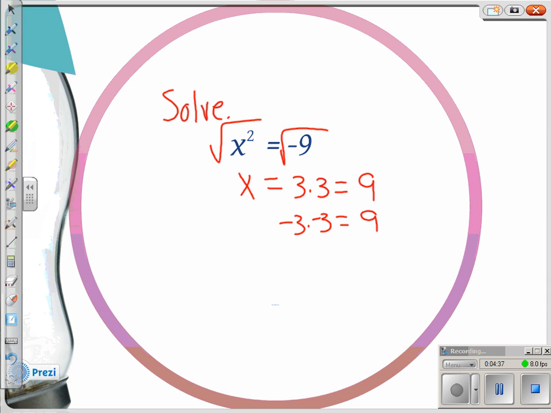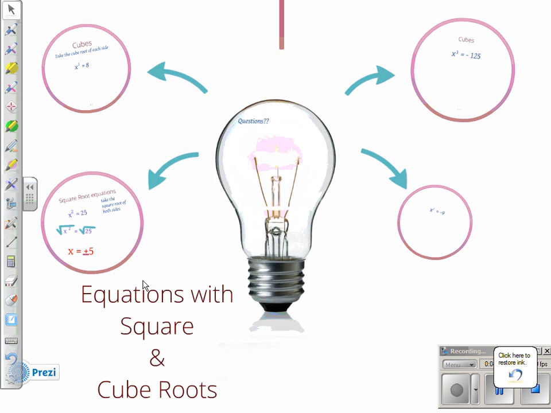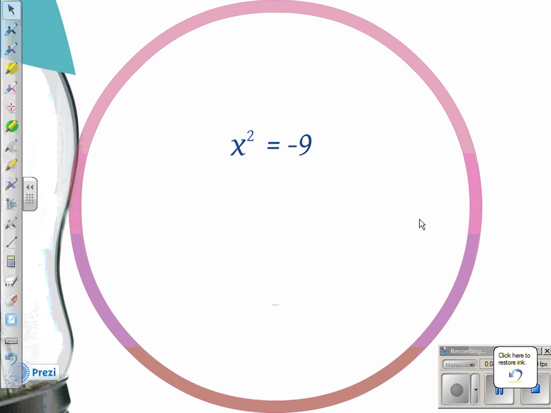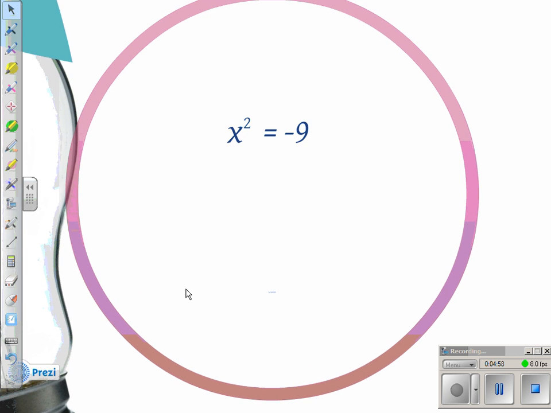It has to be 3 times 3 or negative 3 times negative 3. So this one actually does not have a solution. I was thinking it was going to come up and say no solution, but it's not happening. All right, but you get the idea.